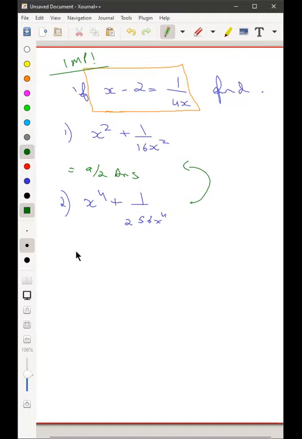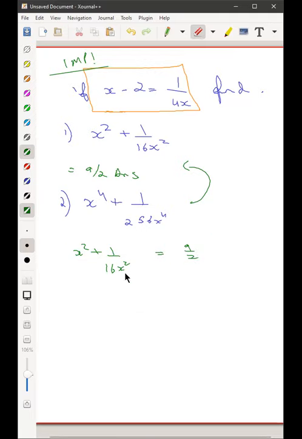Yes, sir. So x squared plus 1 upon 16x squared, whole squared, is equal to x squared whole squared, that is x to the power 4. Why x to the power 9 upon 2, right? See, what did we do? We just basically first take x squared plus 1 upon 16x squared is equal to 9 upon 2.